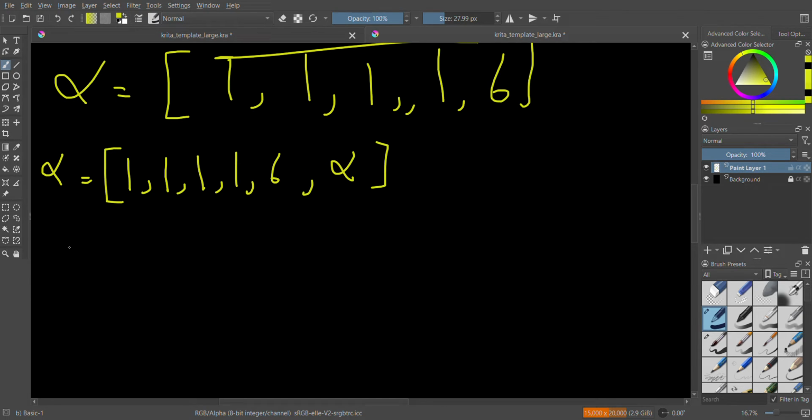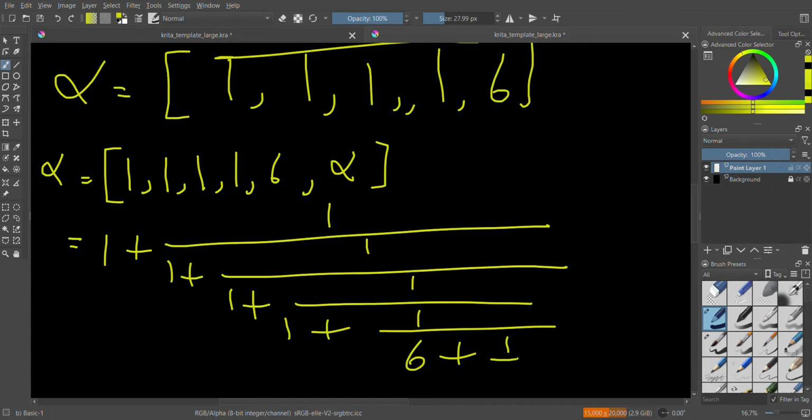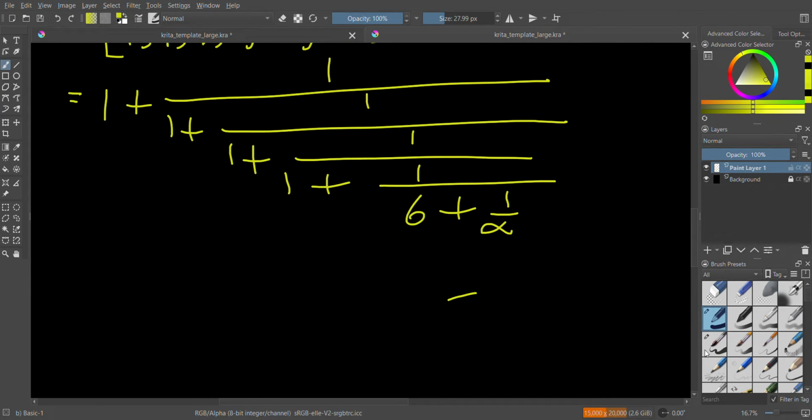And then you calculate this. So this is really 1 plus 1 over 1 plus. There's 4 of them, right? And then there's a 6 plus 1 over alpha. Okay. And when you calculate this, see if my eraser works. It did.